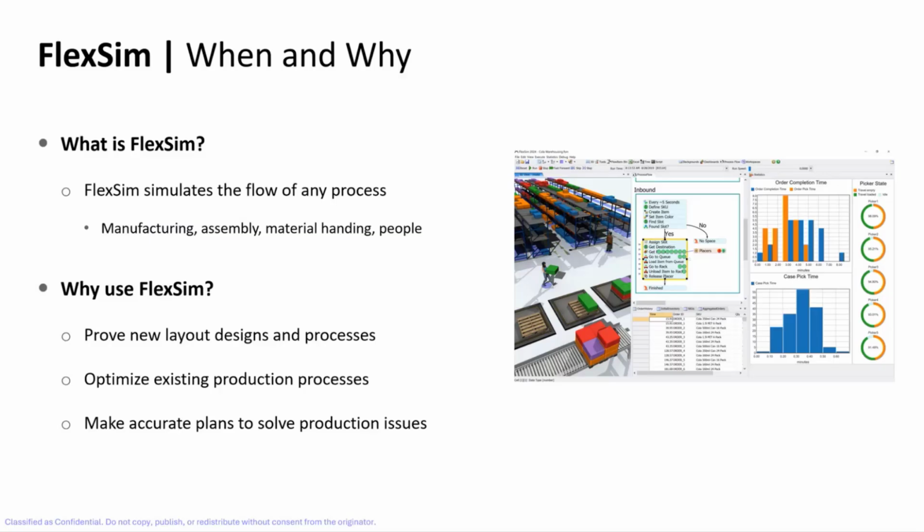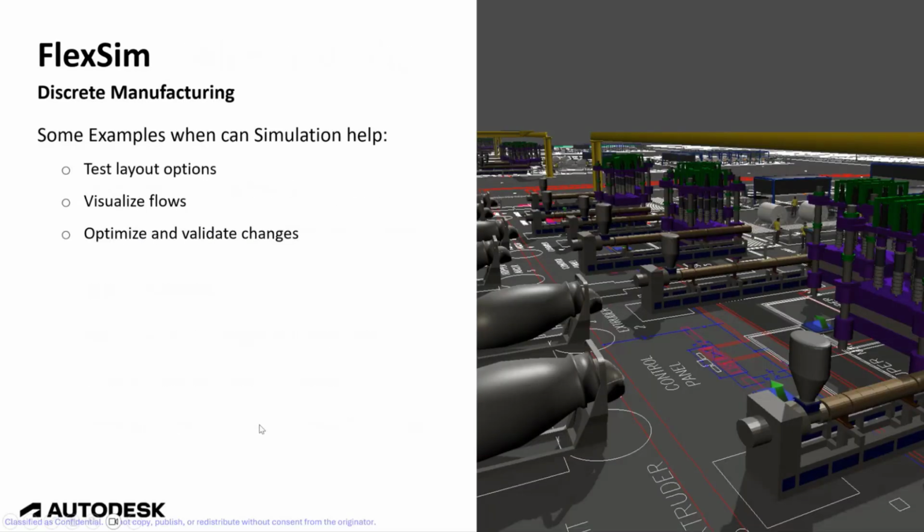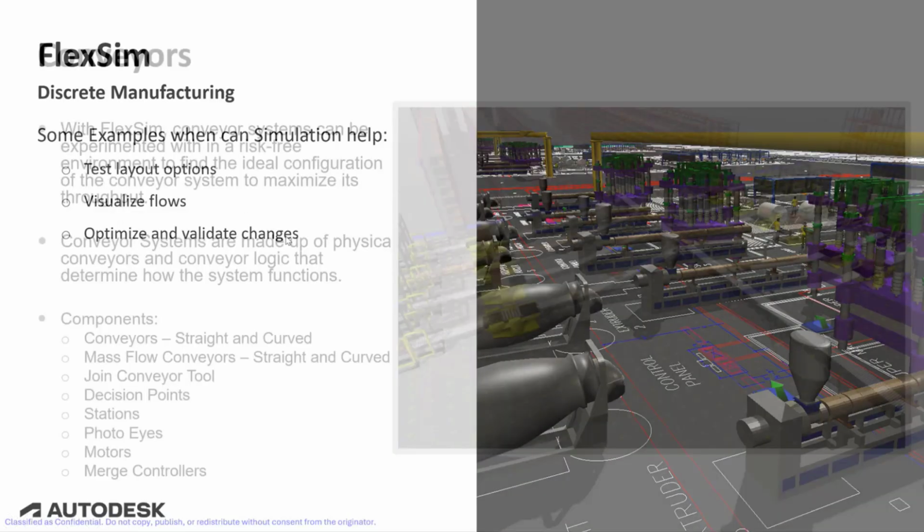When you do this, you have a better and clearer picture of how to channel the investment. Should you invest in a conveyor, or in transport, or in a robot arm compared to more operators? Some examples of where simulation can help: to test AI options, to visualize a flow, for safety, to optimize and validate changes.